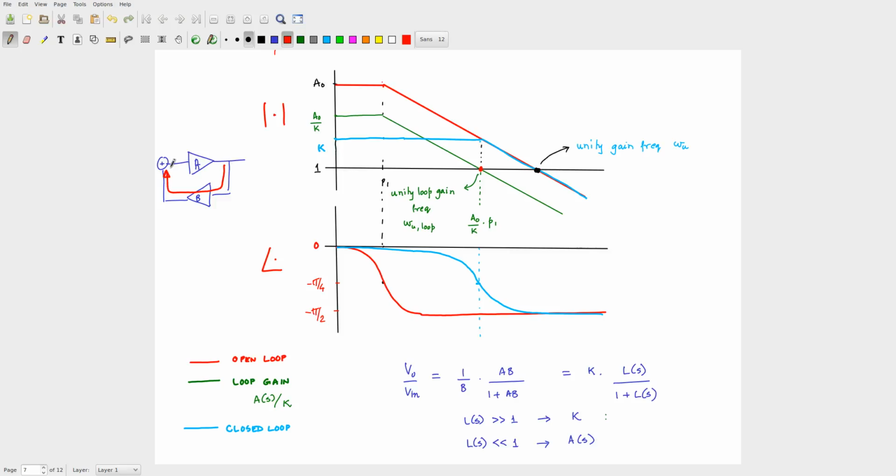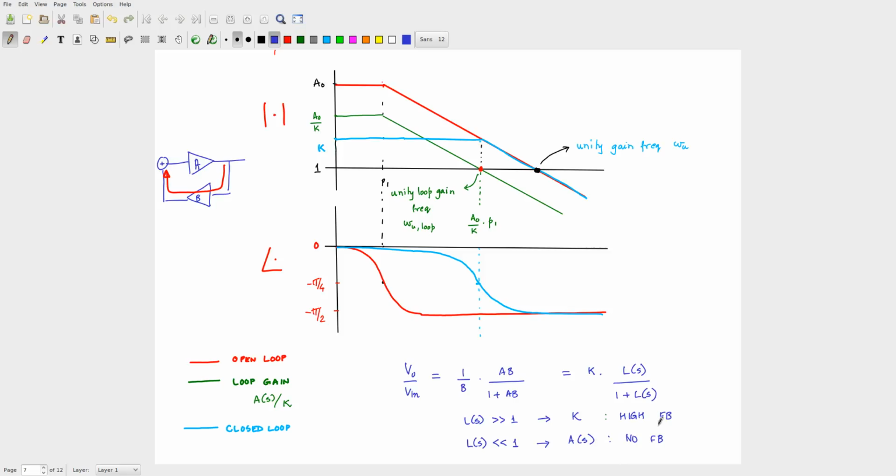So L of S greater than 1 corresponds to high feedback. What about L of S less than 1? It's almost identical to no feedback.